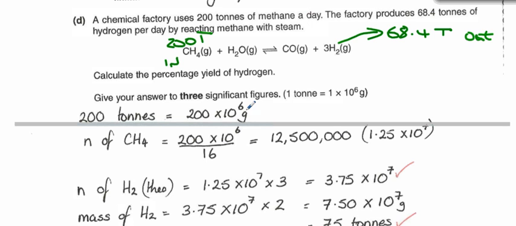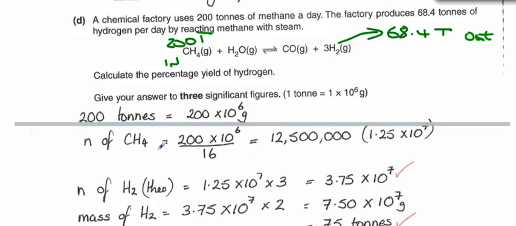So I'm timesing by 10 to the 6, though I wouldn't really need to do that because it will just cancel out as I go through. So number of moles is 200 divided by the MR of methane, which is 16, and I get 1.25 times 10 to the minus 7. I'm not going to try and say that number.